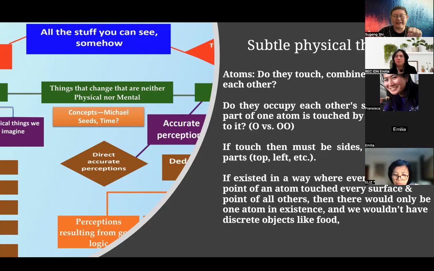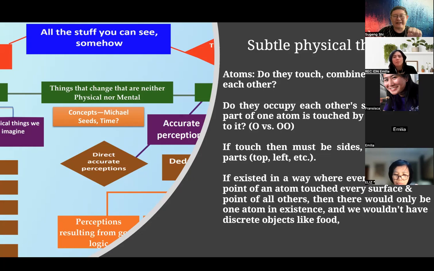When we touch them together, the right side of the left atom will touch the left side of the right atom. How about the left side of the left atom and the right side of the right atom? They are not touching each other. So that means atom is not indivisible, right?